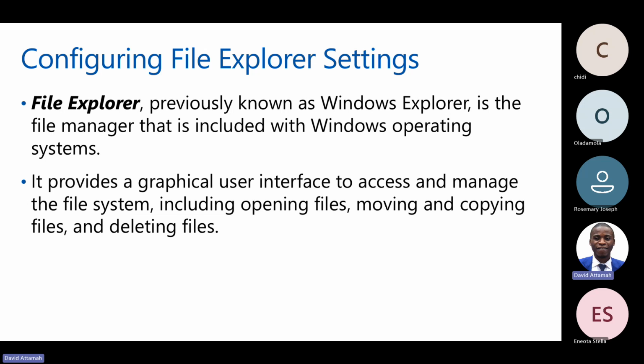So the File Explorer, previously called Windows Explorer, you can launch it by pressing your Windows button and E. That's Windows button plus E. It will launch the File Explorer. So this is where you have your file system organized.